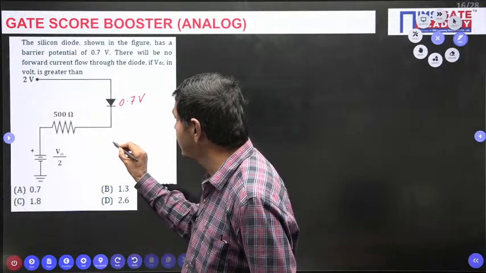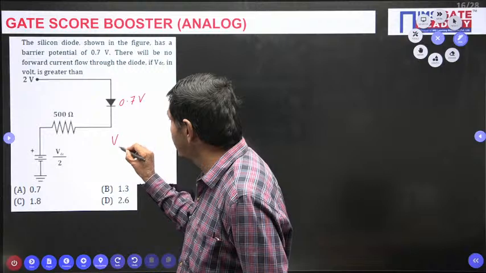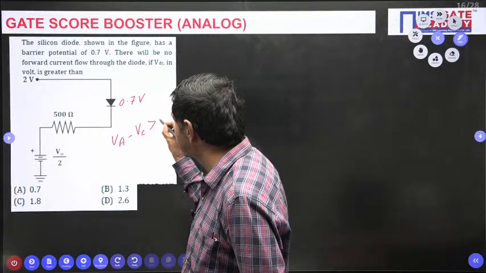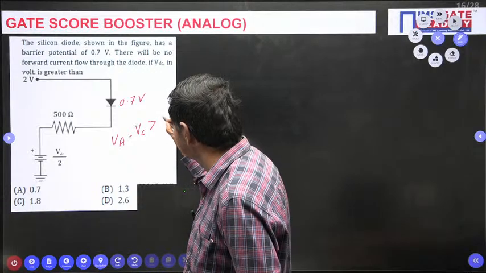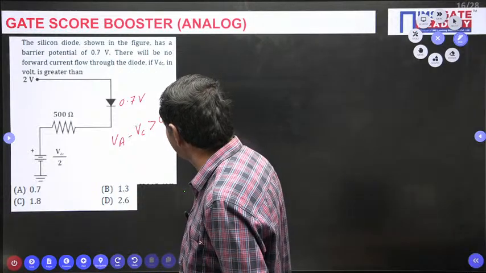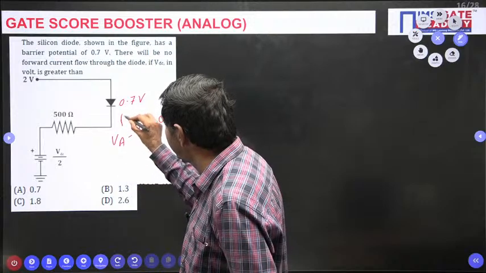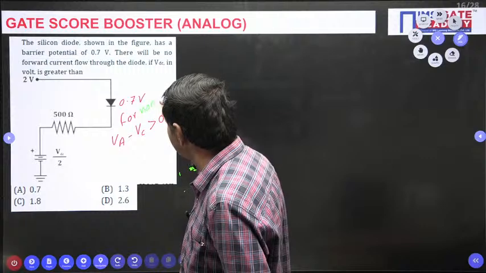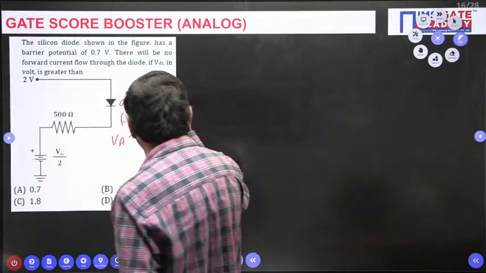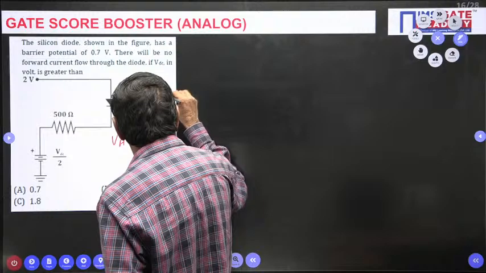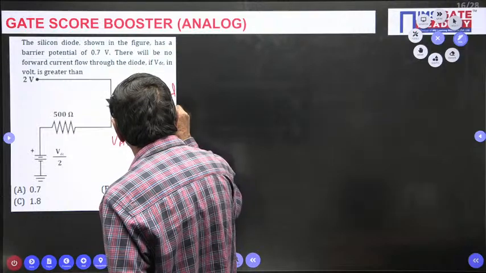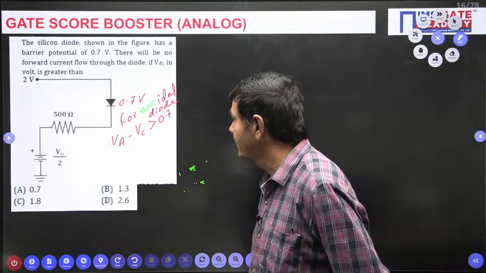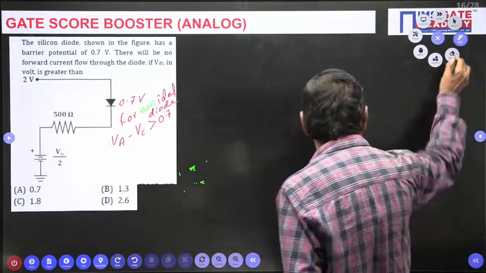Non-ideal means anode voltage minus cathode voltage must be greater than 0.7 volts for a non-ideal diode. That condition must be satisfied here.